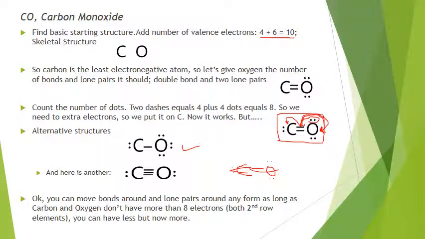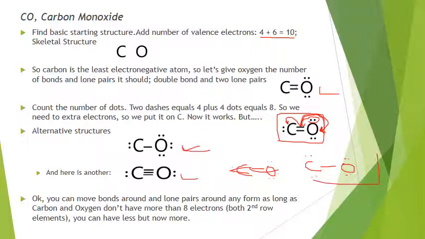Sorry, you could have one that looks like this. I mean, it still has 10 valence electrons. So you can have this case, you can have this case, you could possibly even have this case, and this case.